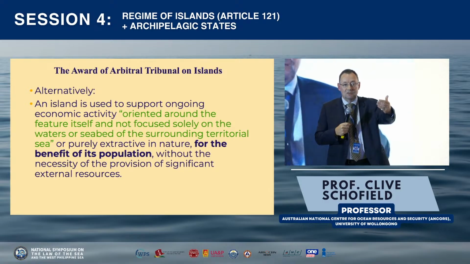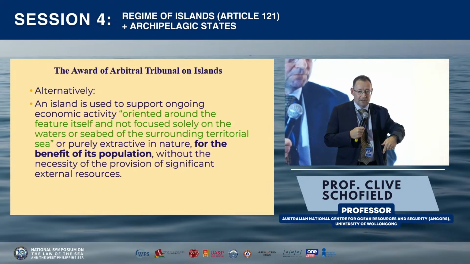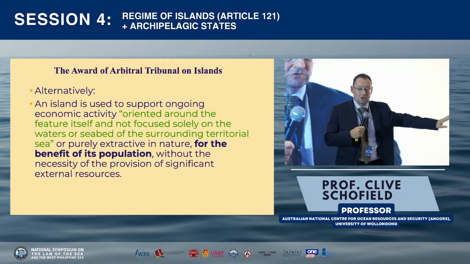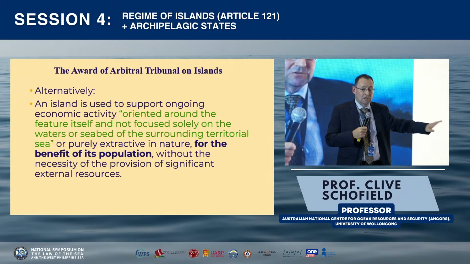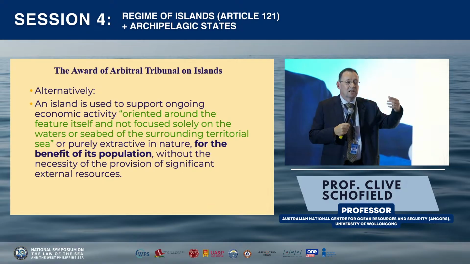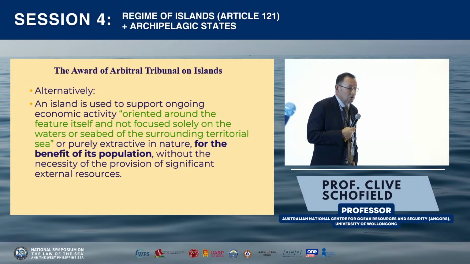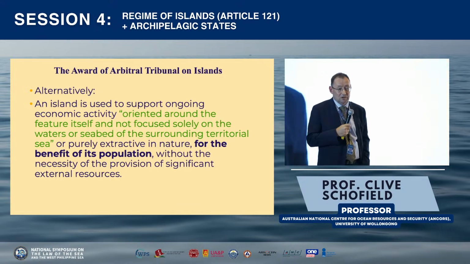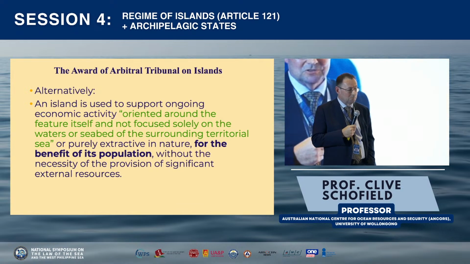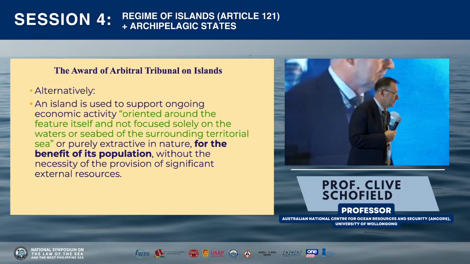You gain the exclusive economic zone in order to provide for the coastal population. If you can't support human habitation and you're not providing economic life for the coastal population, then you don't necessarily need the exclusive economic zone, goes the logic. Now, you can argue with that logic, of course. It's open to interpretation. But this is the interpretation of the tribunal. Next, please.